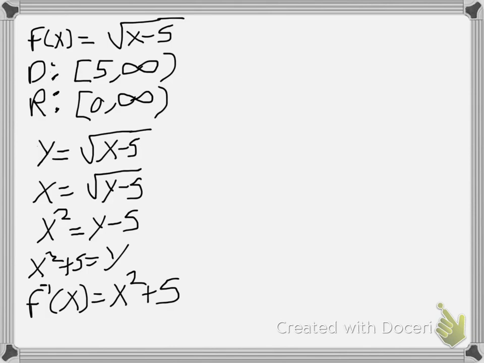Okay. Now, you have to tell me that x is greater than or equal to 0. And let me show you what's happening here. We found the inverse. We know it's x squared plus 5.